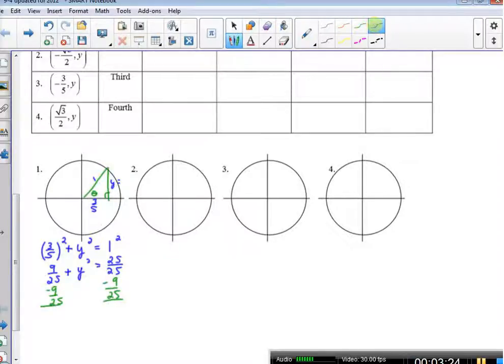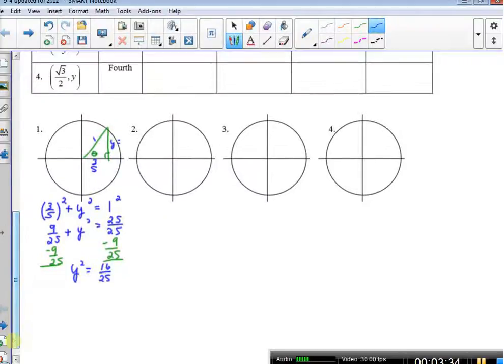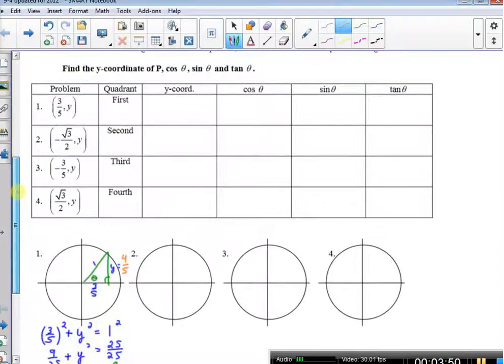So I get y squared is equal to 16 over 25, and then take the square root of that, plus or minus. In quadrant 1, though, we're going to be positive 4/5. So this side that we just found is 4/5, y-coordinate 4/5.